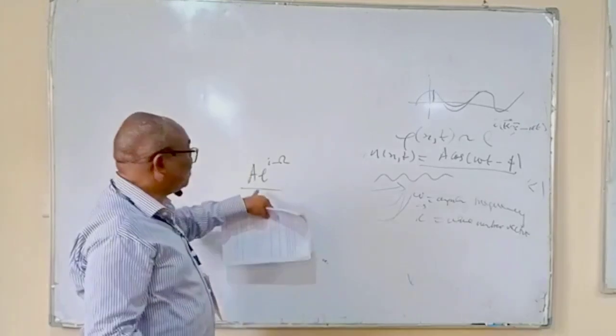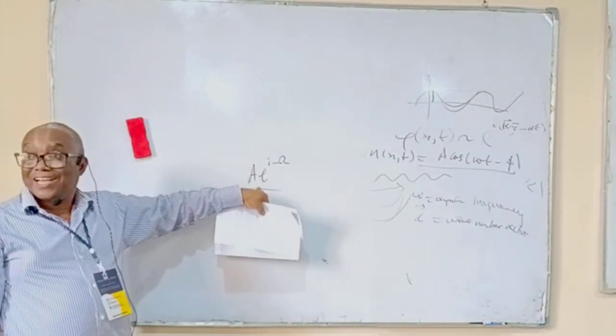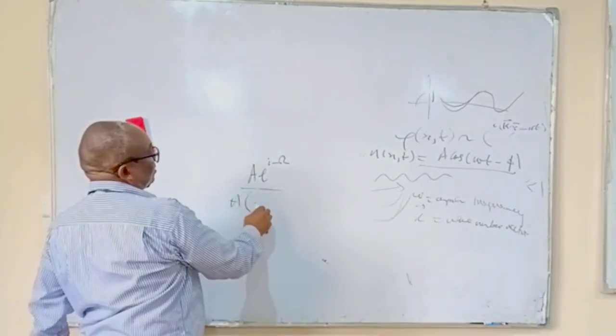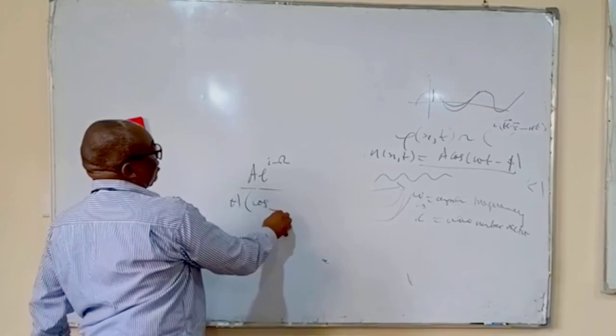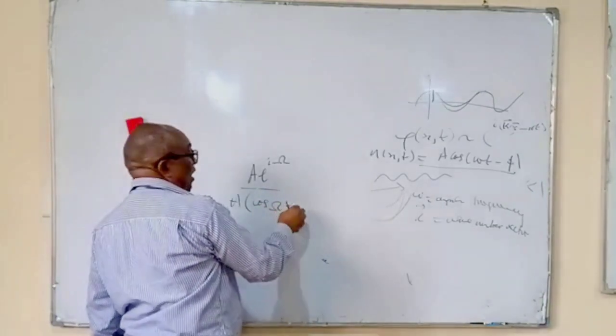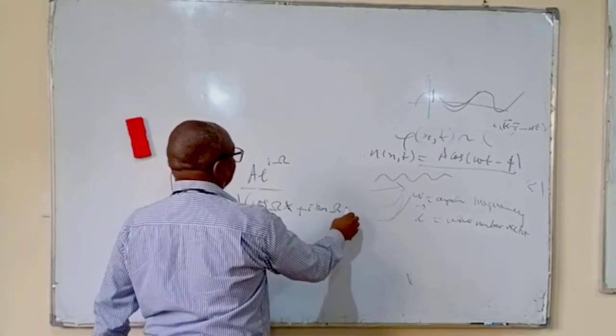Now here, you remember, you can use Euler to write this as what? A times cosine of omega t plus i sine of omega t.